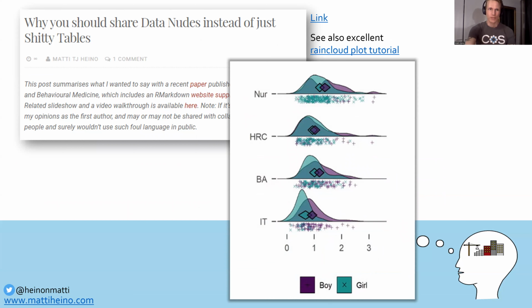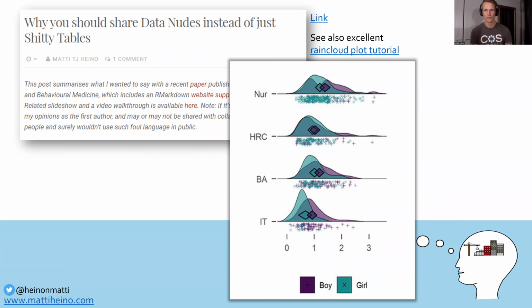And you can also find this in your favorite search engine. These are called rain cloud plots, and they show the raw observations and the density plot.